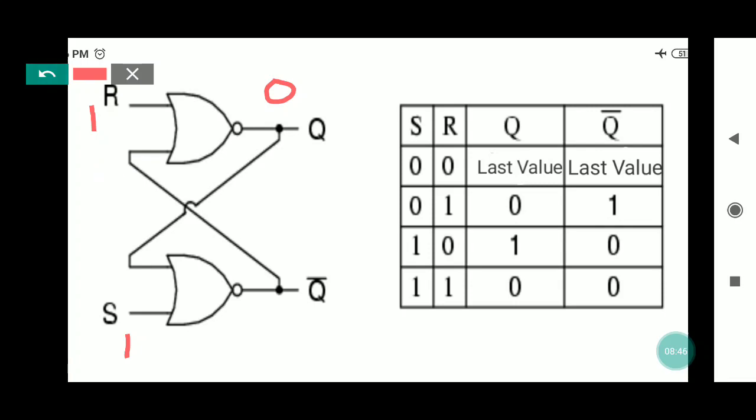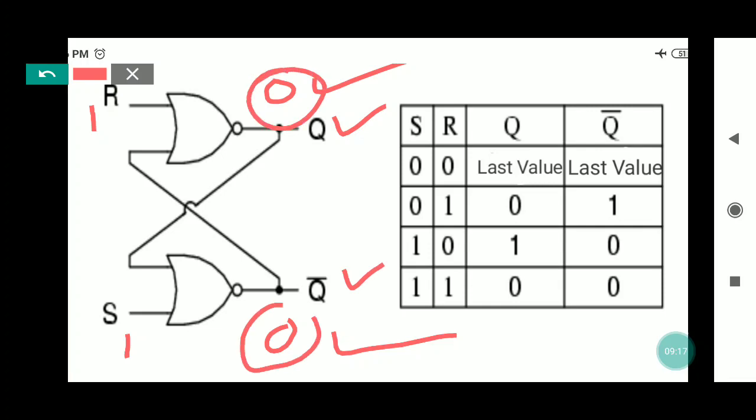If it is 0 or 1, in both cases it will give 0, friends. Here the same thing holds. Here it is 1, so either the second input is 0 or 1, under both conditions it will give 0. So both Q as well as Q bar are 0 0.